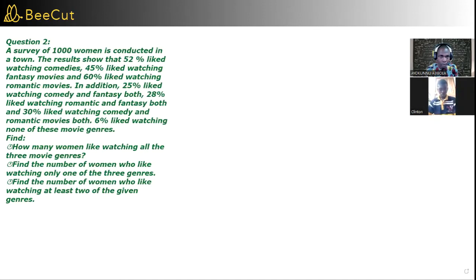Now, in an attempt to solve that, we need to draw a Venn diagram. But before we draw the Venn diagram, let's find the solution and bring out our parameters.